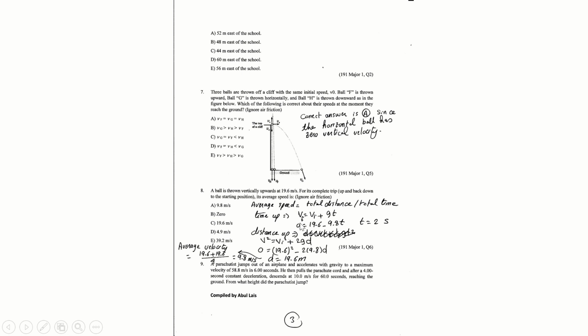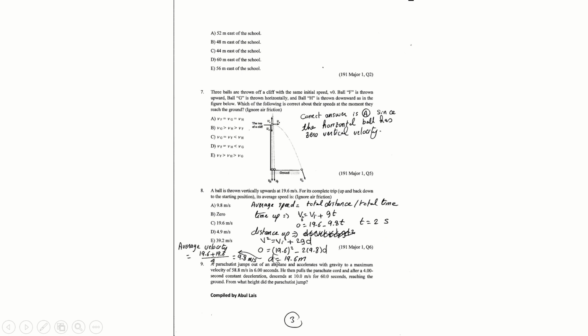So I need to use this equation that says V final equals V initial plus GT. Now, when the ball moves all the way up, then the final velocity is 0. The initial velocity is 19.6 minus, because it's moving against the gravity, 9.8 times t. So it takes 2 seconds.